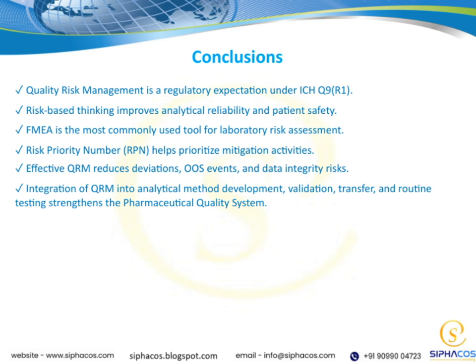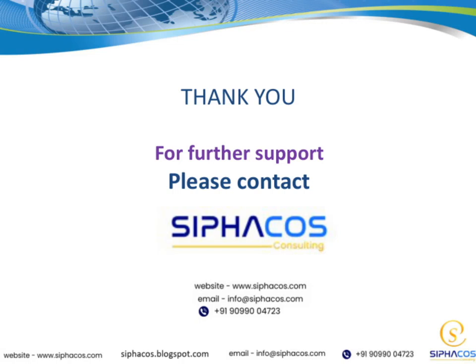The Risk Priority Number, or RPN, guides us in focusing our mitigation efforts where they matter most. When done well, QRM cuts down on deviations, out-of-spec results, and data integrity issues. And by weaving QRM into every stage, from method development to routine testing, we build a stronger, more resilient pharmaceutical quality system. That wraps up our presentation.